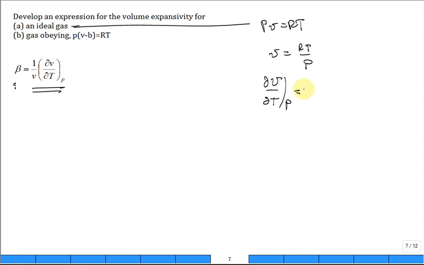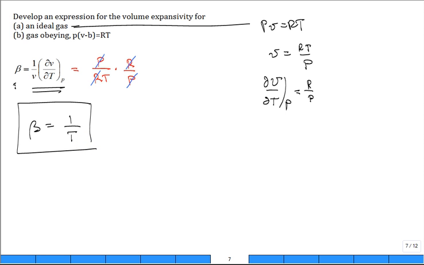When we do that, we get R over P. So let's substitute in. So this first term is 1 over V, which is RT over P, times the second term, which is R over P. The R's cancel, the P's cancel, and we're left with a very simple relationship that beta is equal to 1 over T.